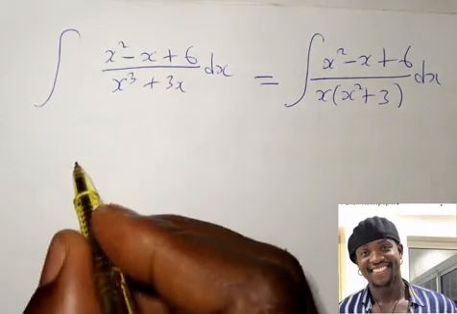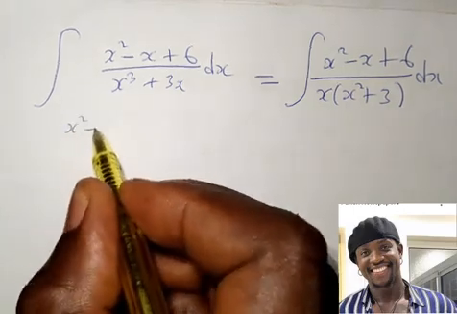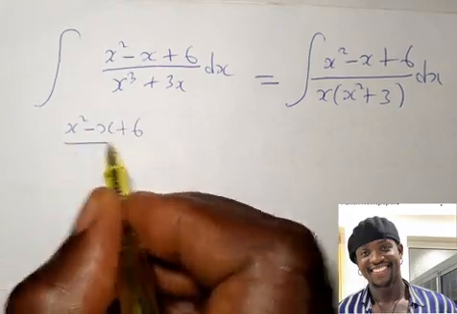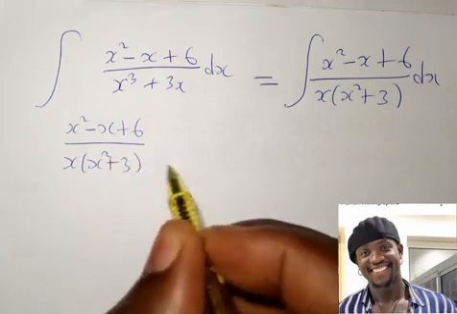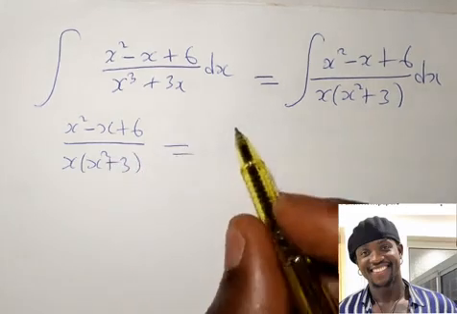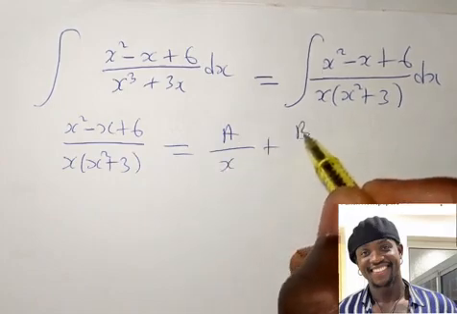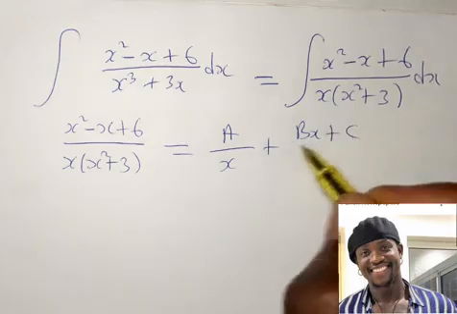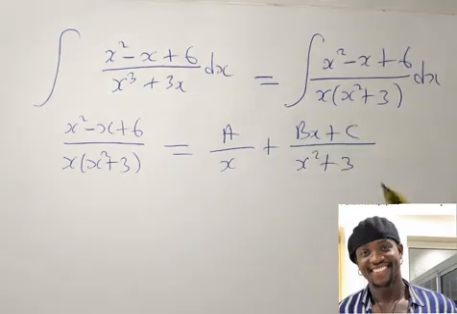So this will be (x² − x + 6) over x(x² + 3), which is equivalent to A over x plus (Bx + C) all over (x² + 3).